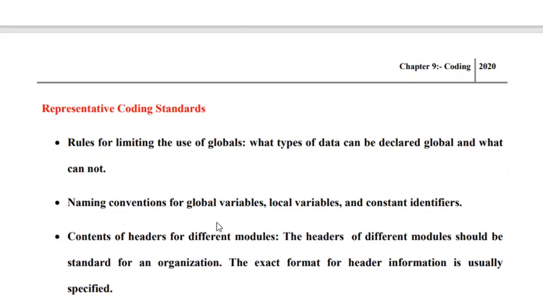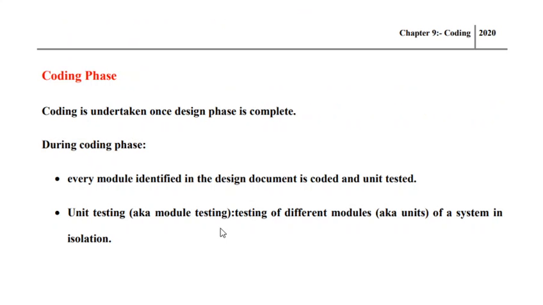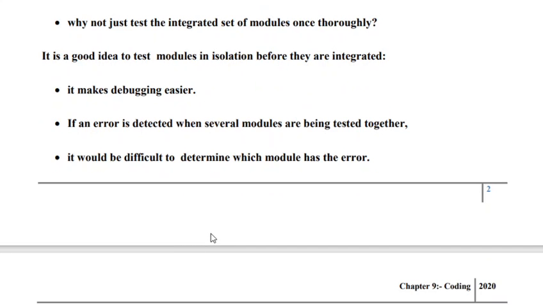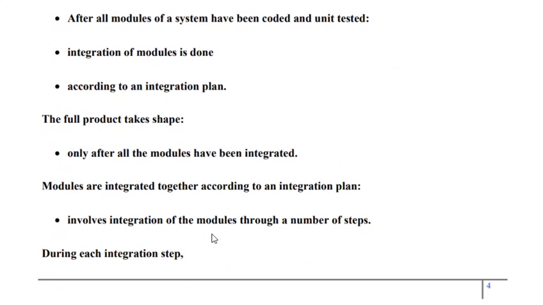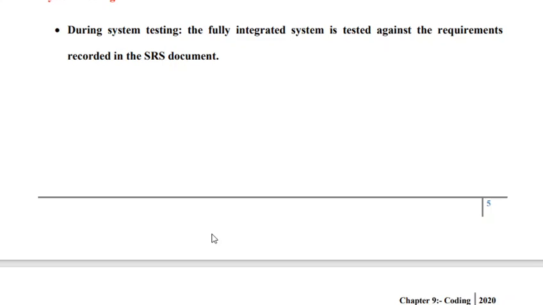So in today's class, we have learned about what is coding. We have learned about what is unit testing and why we need it. We've learned about what is integration testing and why we need it. We learned about system testing and why we need it. We learned about the basis for system testing, integration testing, and unit testing.